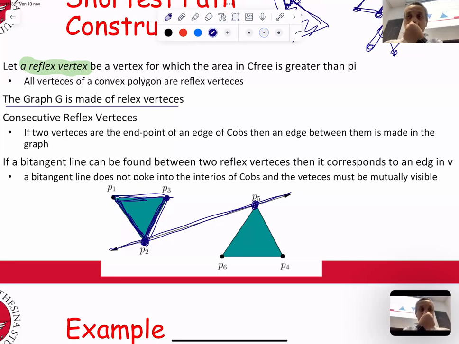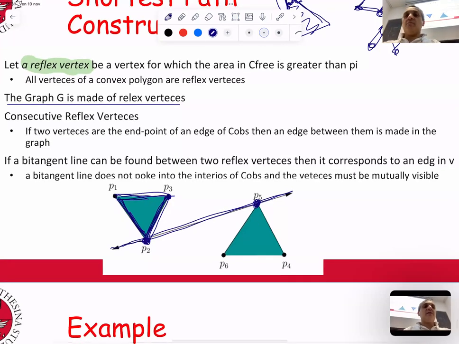Okay. So this means that this bitangent line should not poke into the interior of the obstacles, and this is clear, otherwise it wouldn't be tangent. Okay.